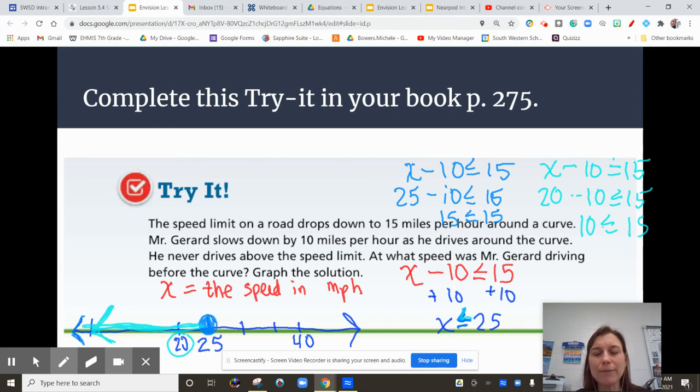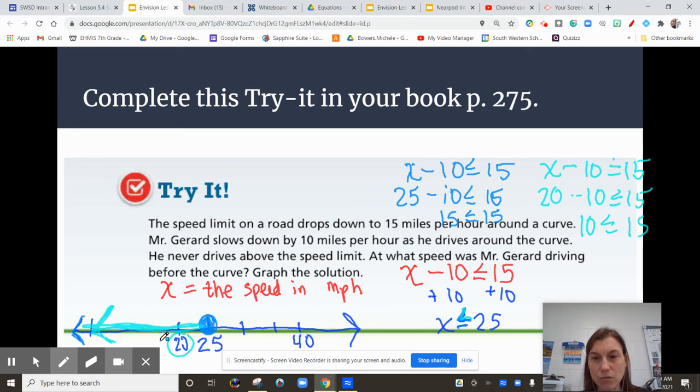But let's say he was going 22 miles per hour, and he slowed down by 10. Well, that would put him at 12 miles per hour. Would that be under the speed limit? Yes. So my solution is correct.